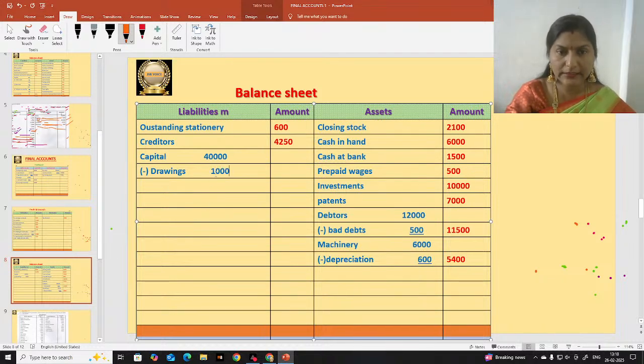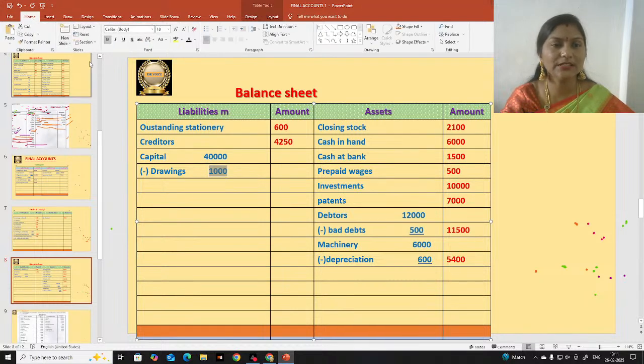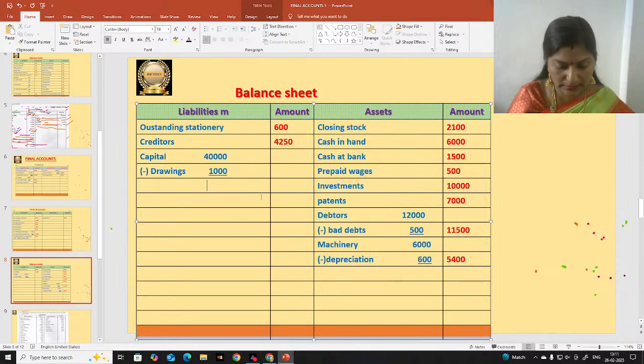So if you deduct 1,000 from 40,000, you will get 39,000. We will record inside only, because there are some other adjustments, and profit and loss account answer we are going to carry here to the balance sheet, and we are going to adjust to capital. That is why we should record this amount inside only, 39,000 inside.